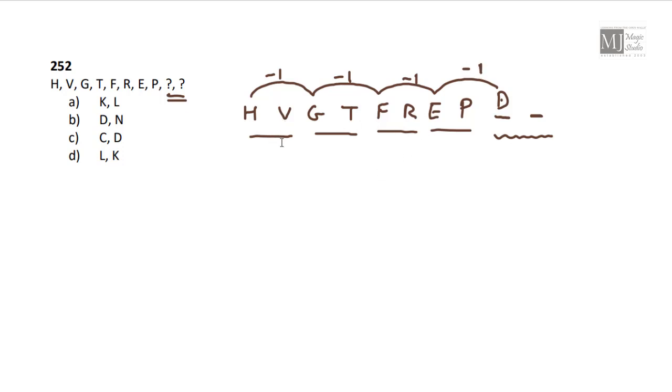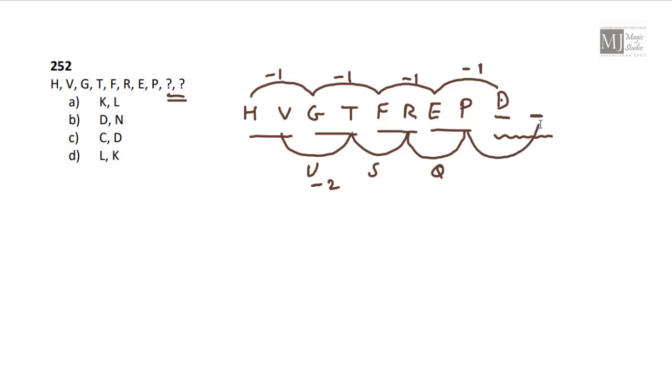Now let's read the next one. V T R P. Let me read it backward. P Q R S T U V. That means this series is moving with minus 2 position.